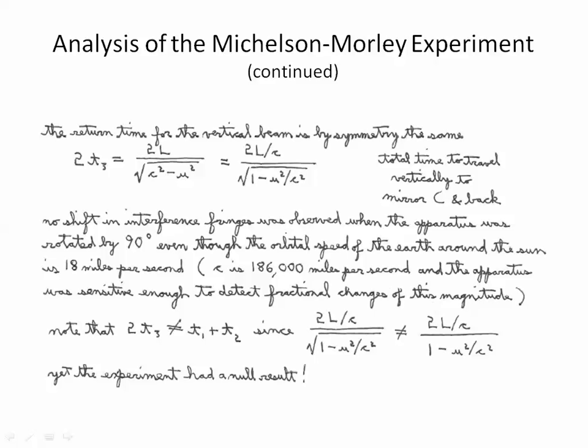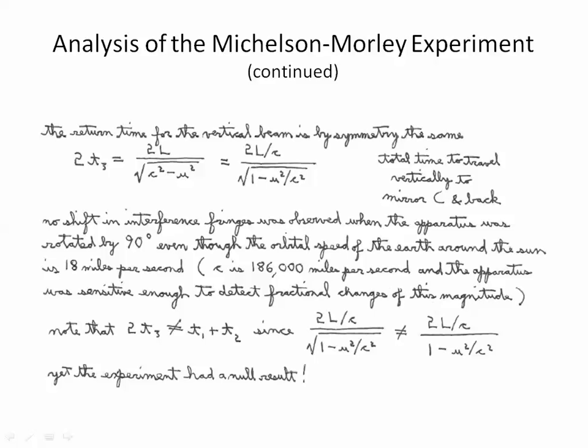Now for the key result from the Michelson-Morley experiment. There appeared to be no shift in the interference fringes when the apparatus was rotated. The analysis we just completed using Newtonian mechanics shows that the two different paths taken by portions of the initial beam should have taken different times. 2 times t3 does not equal the sum of t1 and t2.